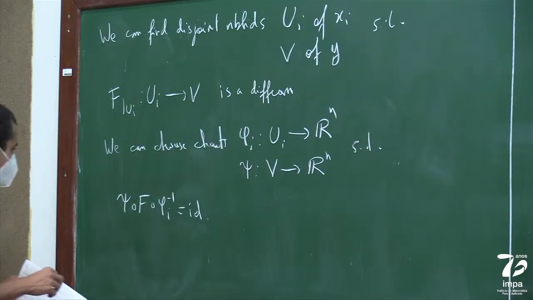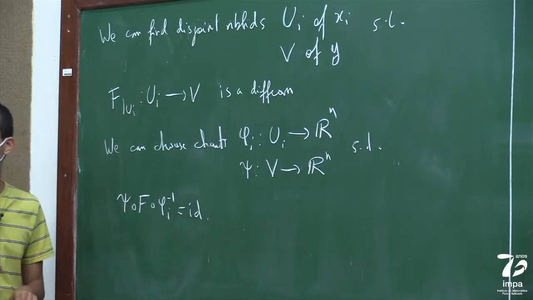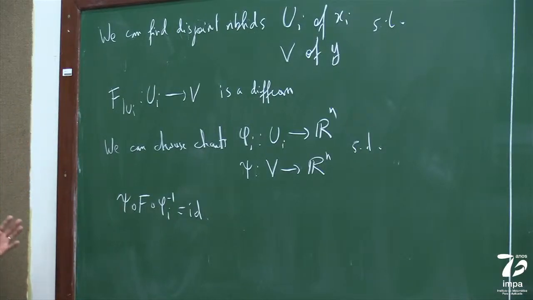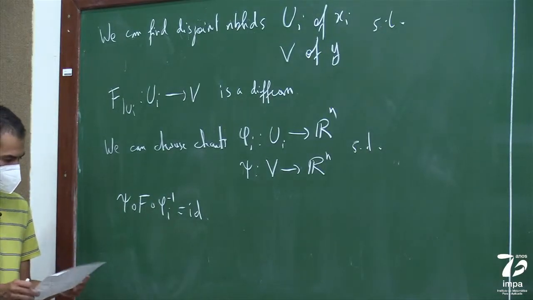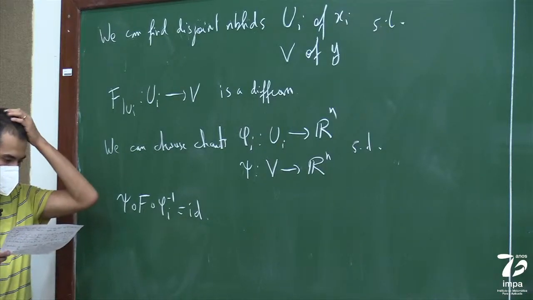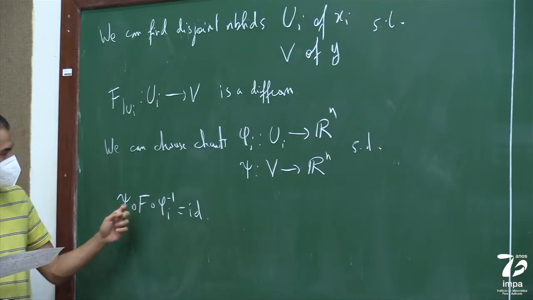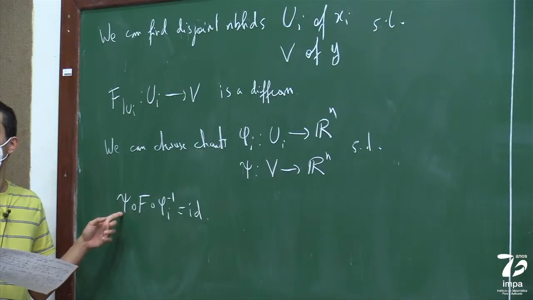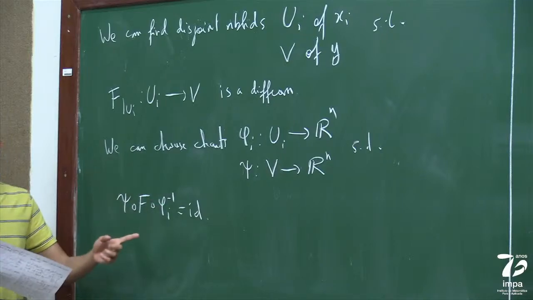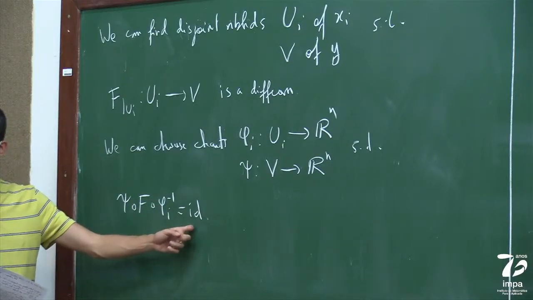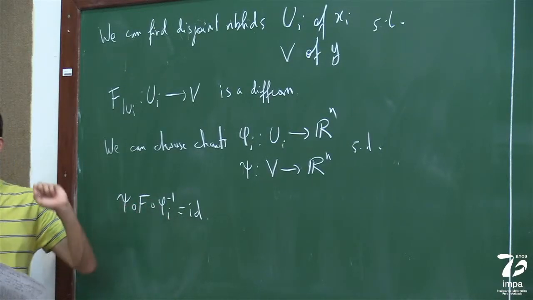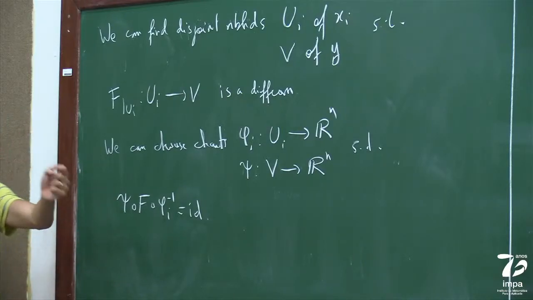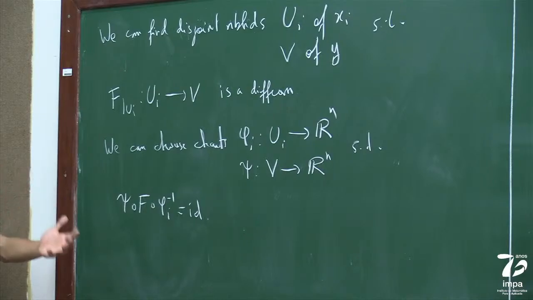So what you want to do is not choose arbitrary psi and phi, but choose them so that psi and phi preserve the orientation. That would mean the composition will either be the identity, which is the case when f preserves the orientation, so the derivative of f is an isomorphism that preserves the given orientations.